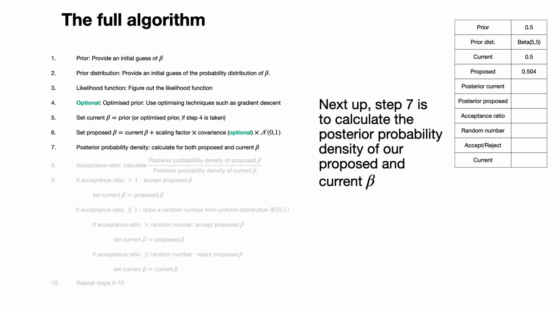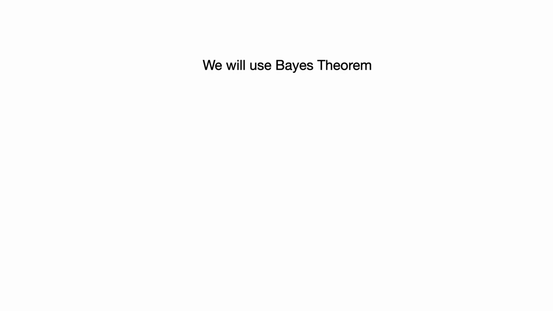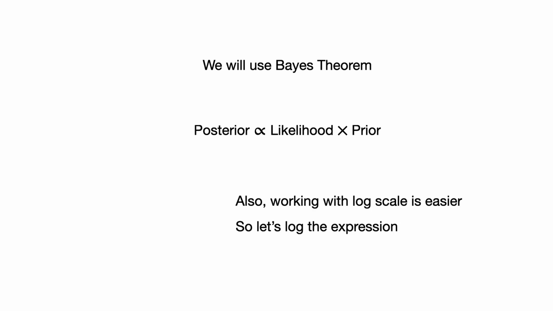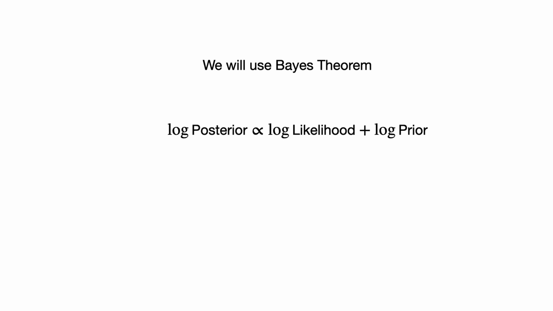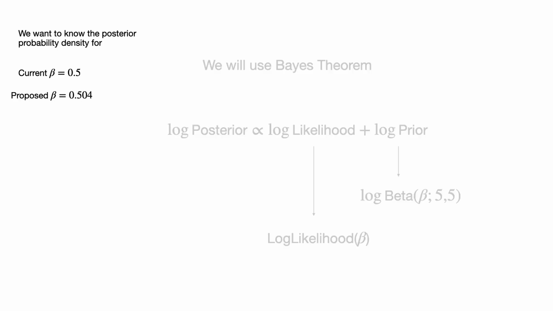The next step is to calculate the posterior probability density of our proposed and current beta. We will use Bayes' theorem. Posterior is proportional to the likelihood times prior. Also, working with log scale is easier, so let's log the expression. Now, we already knew these two terms, log prior and log likelihood.